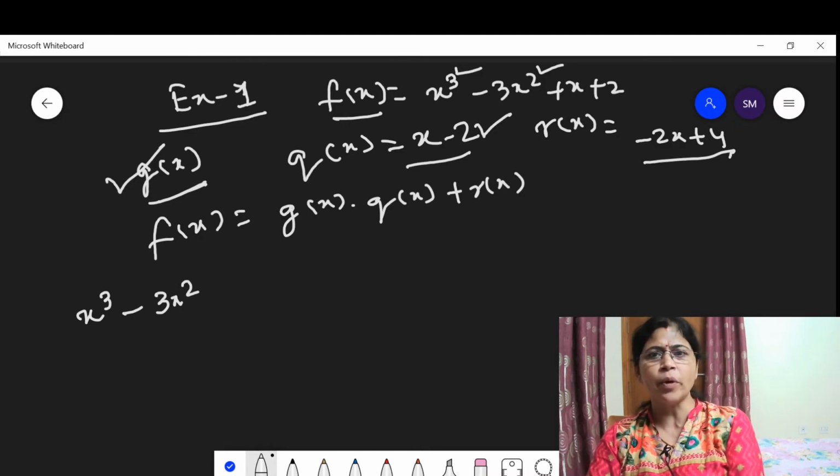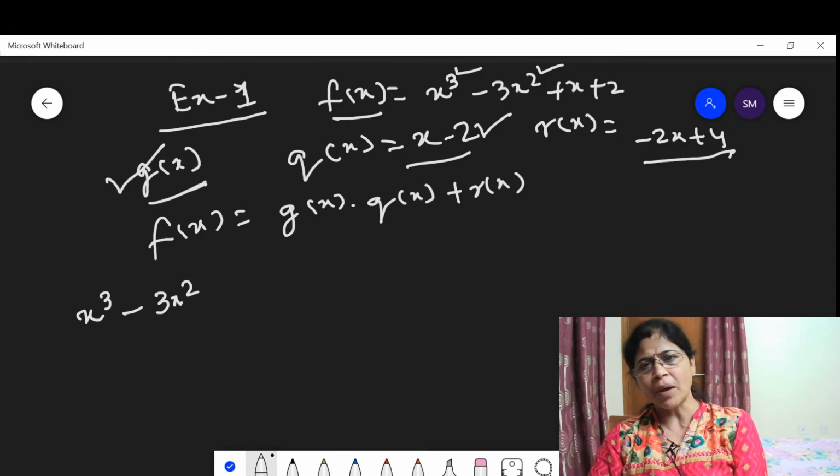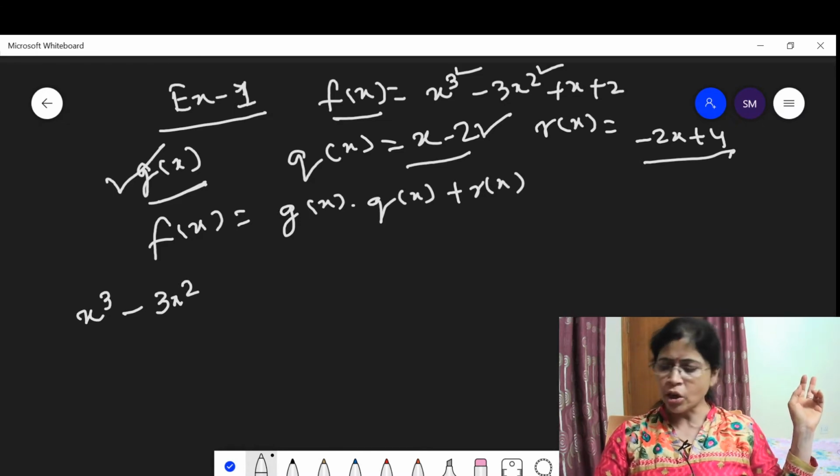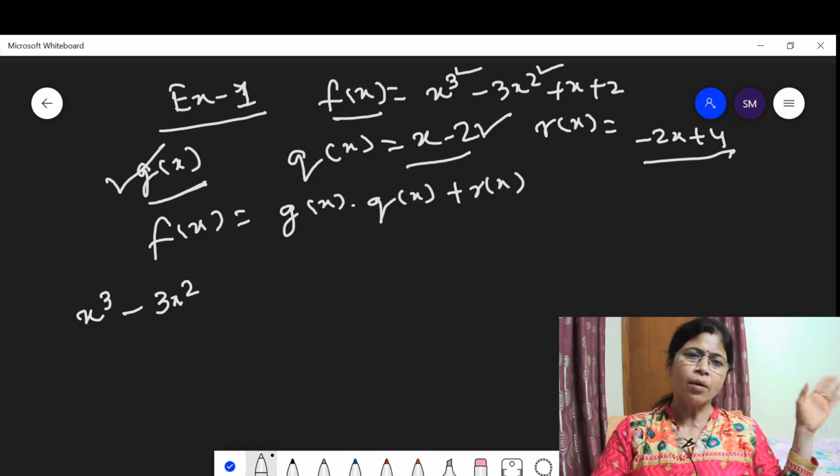Quadratic polynomial means the highest degree of the variable is 2, in a cubic polynomial it is 3, and when the highest degree of the variable is 4, we say it is a biquadratic polynomial.